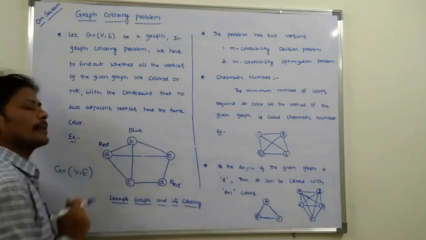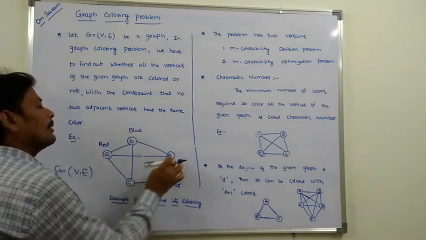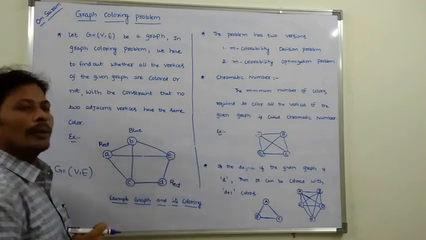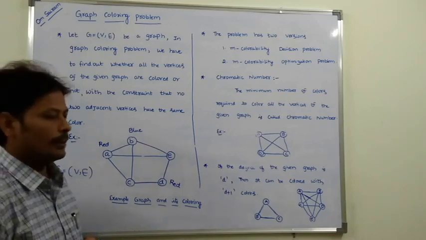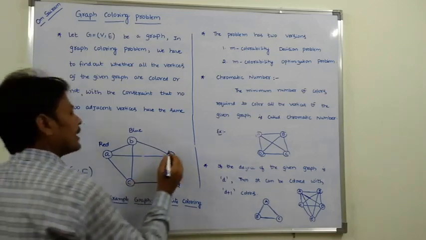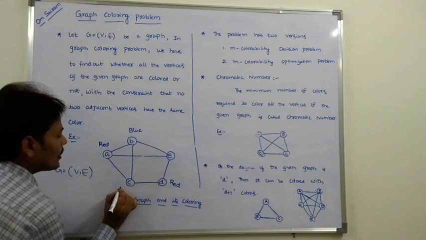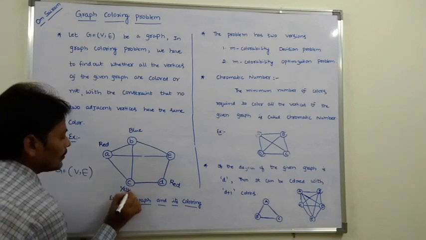But vertex A has red color, no problem. And for vertex E and vertex C we do not use the blue color. Next, for vertex C we are using yellow color.